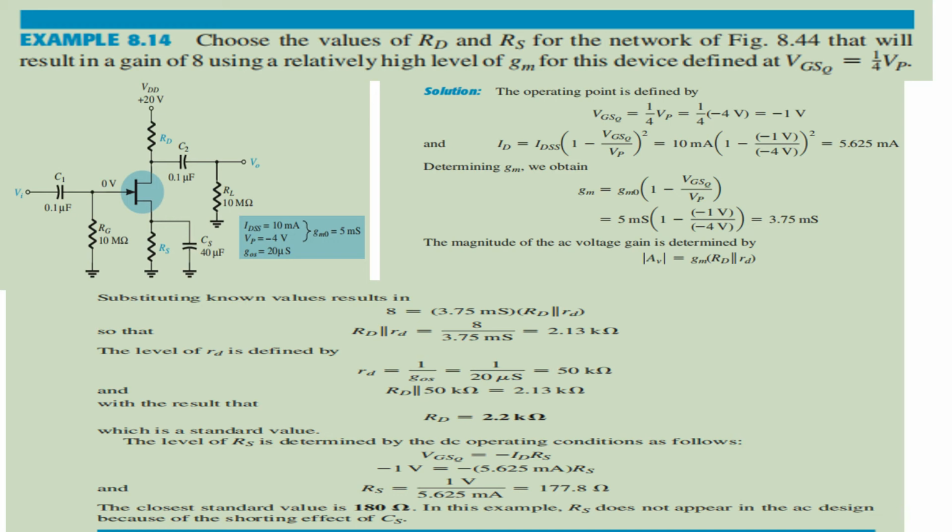Then find out the input admittance. Gm0 is also given as 25 microsiemens or mho. So substitute the value and find out the magnitude of the AC voltage gain by taking the relation Av is equal to gm into Rd parallel small rd.